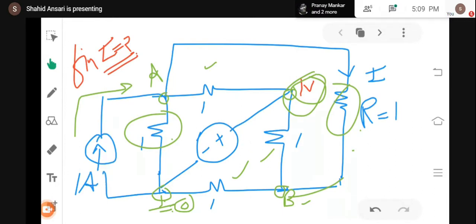This will be the same, so you can find it by both methods. First, we will try to find the same power by calculating the power delivered by both sources, so at least you will get the idea of how to find the power delivered by any particular source.